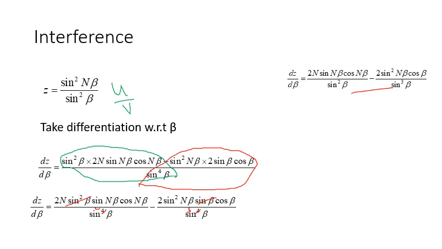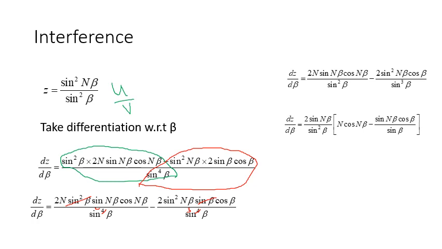We are going to simplify further by taking the common term outside. The common term is 2 sin n beta. We have sin n beta in both the first and second term, and we have sin square beta.